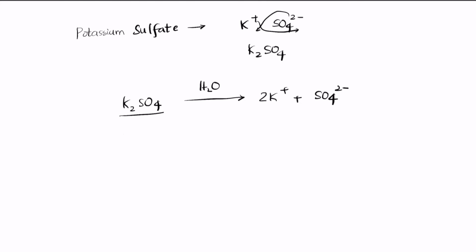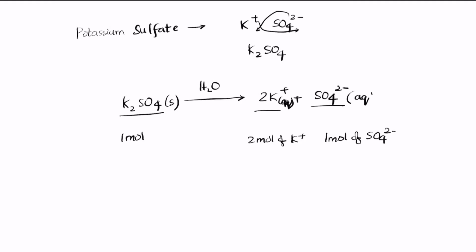So for 1 mole of potassium sulfate, there are 2 moles of potassium ions and 1 mole of sulfate ions. Remember the idea here for each given mole of salt. This is the original solid, and when it's in the aqueous form, it becomes the ions. Right, so for every one particle, you have 3 particles here.